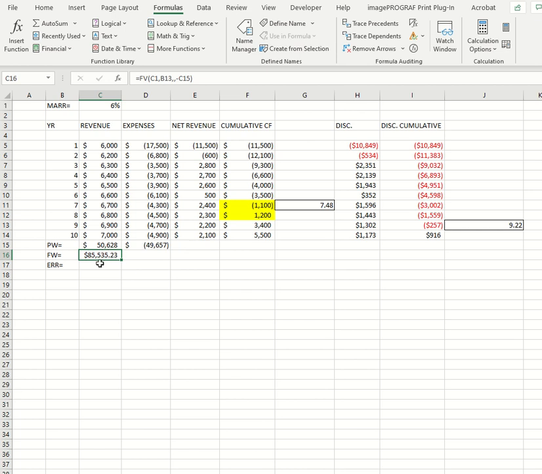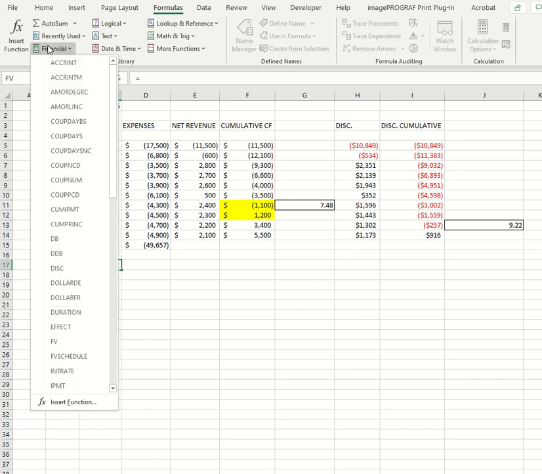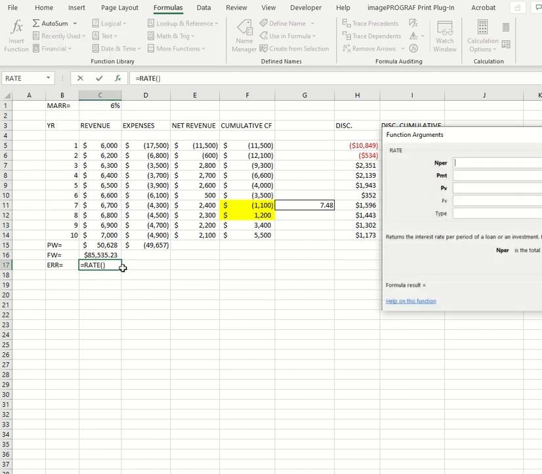Okay. All right, so now to find the ERR, what we're actually looking for, we're going to go to the rate function. And same thing here.